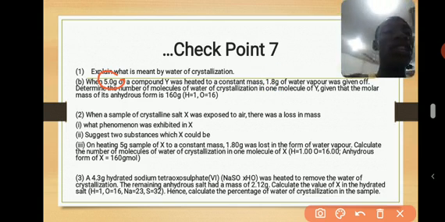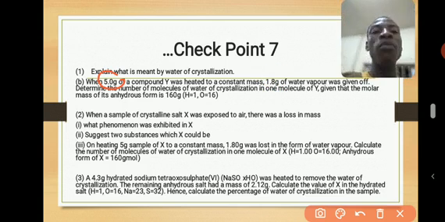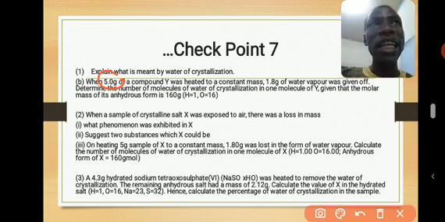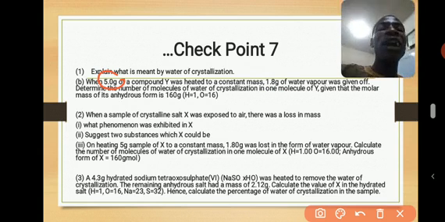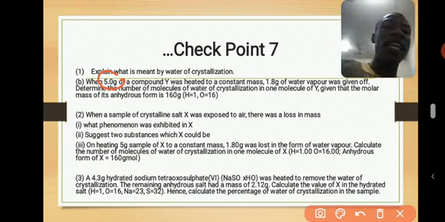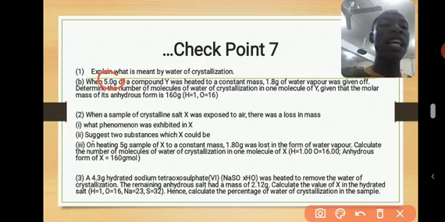Now, pay attention. 5.0 gram was a compound Y. That means the compound already has a water of crystallization.